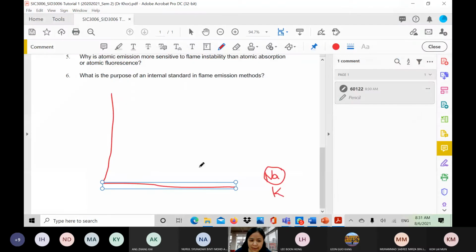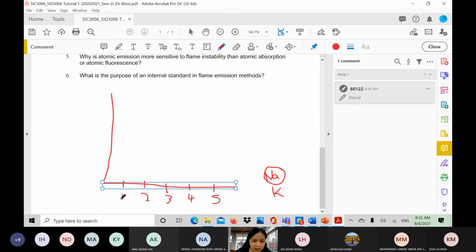So if we want to perform quantitative measurement, we need to do a calibration plot. So I have 1, 2, 3, 4, 5: 1 ppm, 2 ppm, let's say 3 ppm, 4 ppm, and 5 ppm.